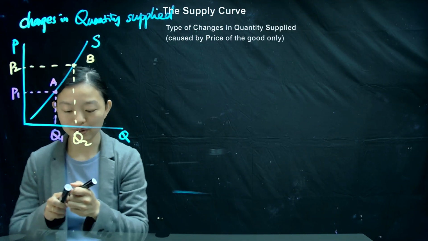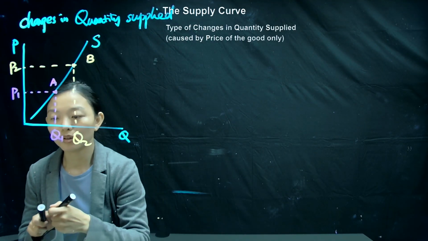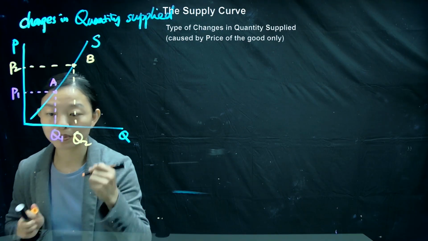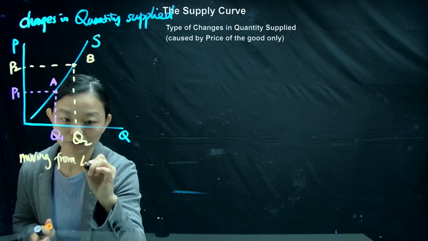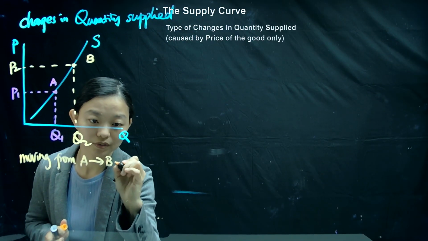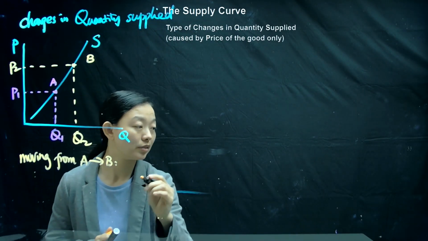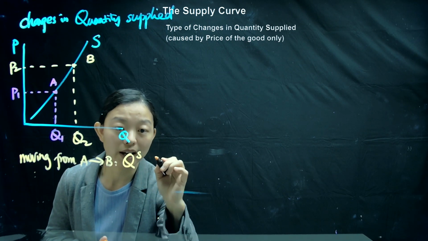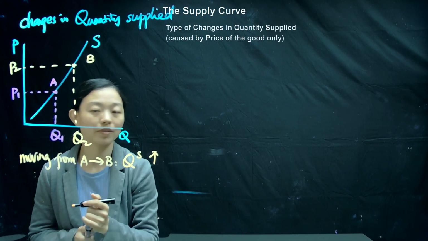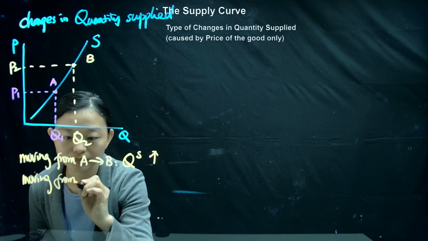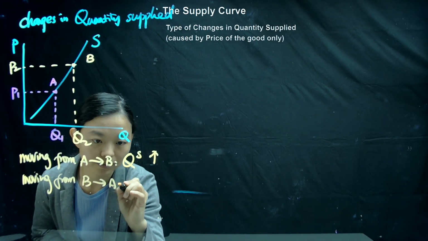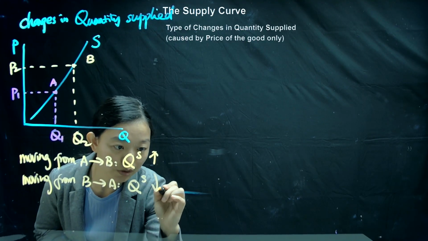Comparing A and B, moving from A to B, what happens? Quantity supplied increases. Moving from B to A, quantity supplied decreases.